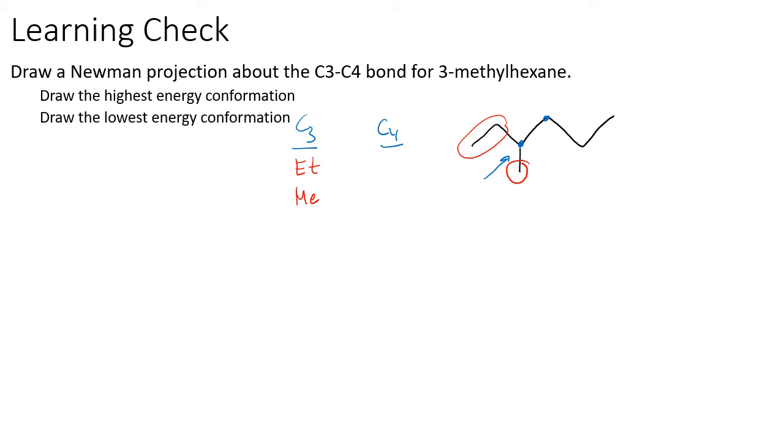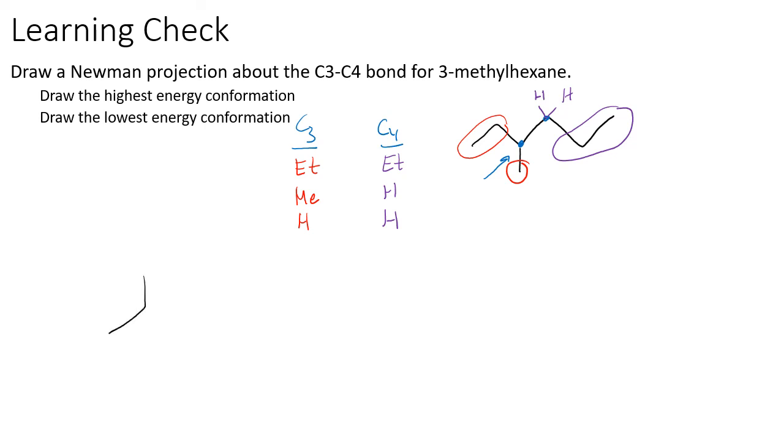And then unshown is a hydrogen. Coming off of the back carbon, C4, we've got another ethyl group. And then unwritten, 2 hydrogens. So hydrogen and hydrogen. This helps us when we go to place them on our staggered and our eclipsed conformations, because now we have them written in order, so we can just glance at the list a little easier.